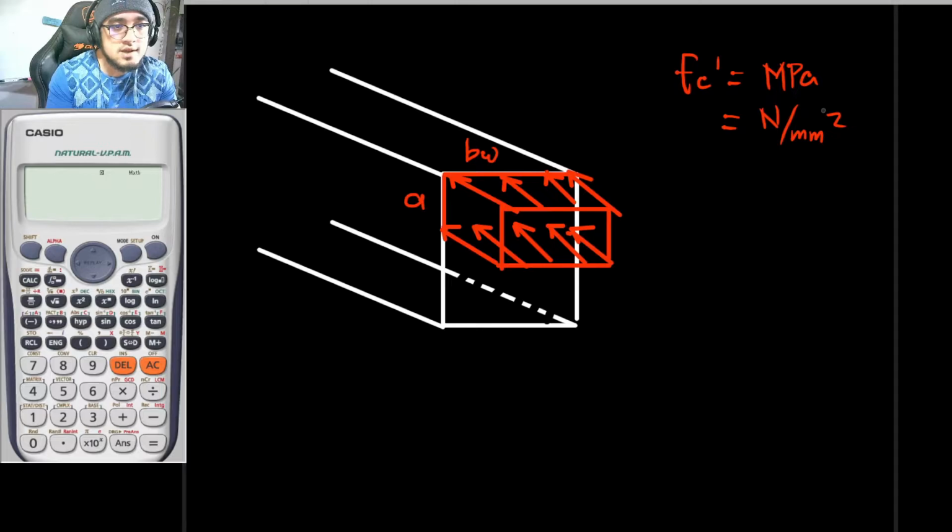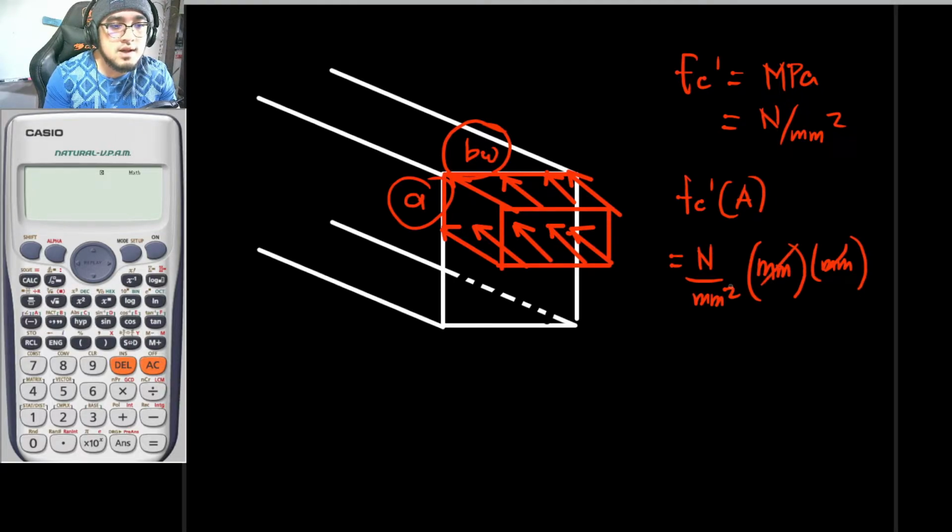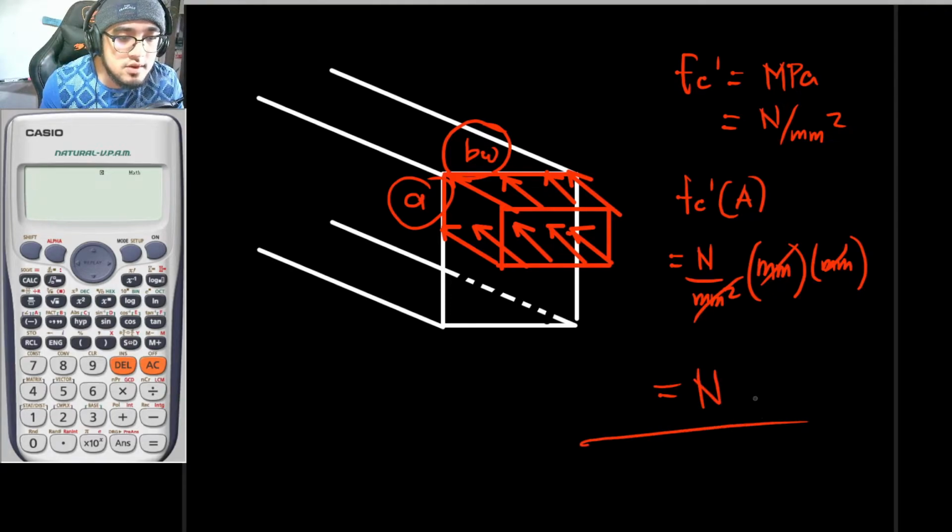So with such, guys, if we would be multiplying this by an area, so Fc prime times area, this would now yield a unit of newtons per millimeter squared times, what is to be the area here? BW times A, that is millimeters times millimeters. So millimeters would cancel out, which would leave you with an answer in newtons. So this is basically the value for your C.